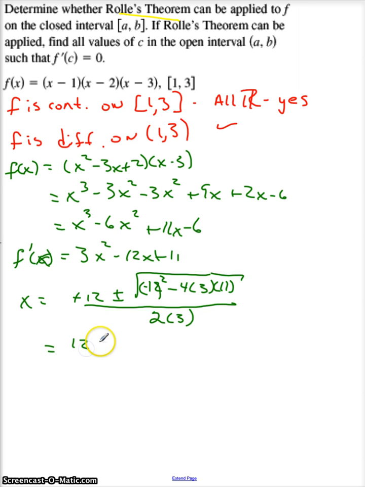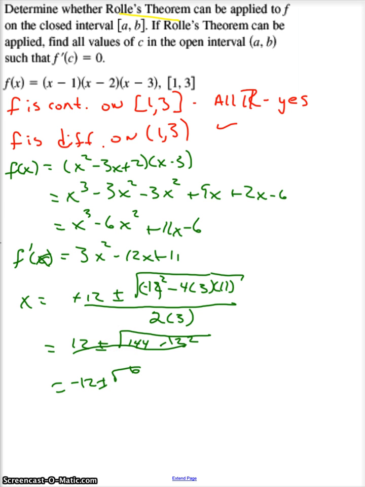So this is 12 plus and minus the square root of 144. Let's see, 4 times 3 is 12. Okay, 12 times 11 is 132, all over 6. Sorry about that. So it's 12 plus or minus the square root of 144 minus 132, that's a mess.